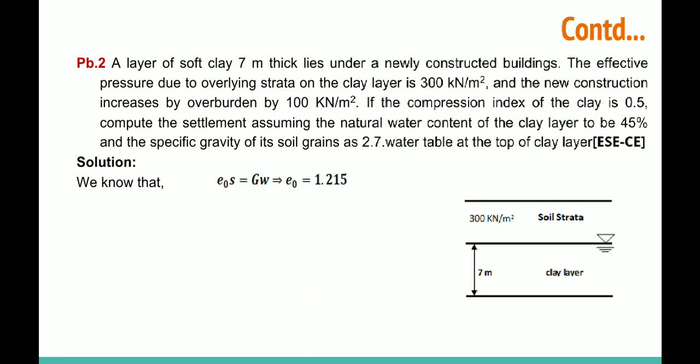Putting all these values we get the initial void ratio, that is 1.215. And again we can calculate the saturated unit weight of the clay layer using this relation, where S is equal to 1, G is equal to 2.7, e is equal to 1.215. By putting all these values we get the saturated unit weight of clay, that is 17.34 kN per meter cube.